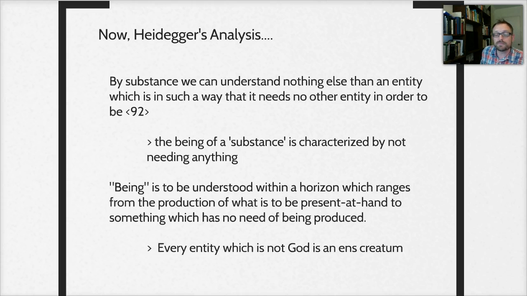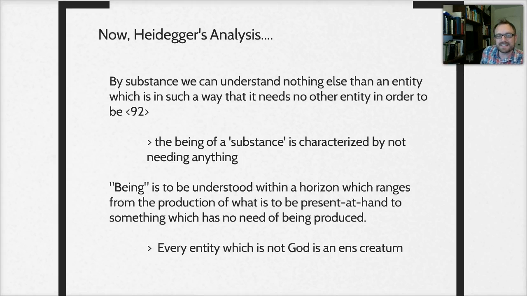So from Descartes' perspective, a substance is a substance insofar as it doesn't have to be anything else, right? It doesn't need anything else for its substantial quality as it's such. So the being of a substance is characterized by not needing anything, right? So it's a negative conception of a substance for Descartes.